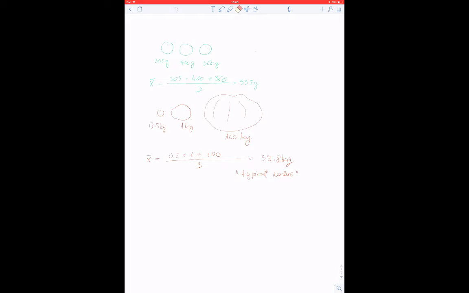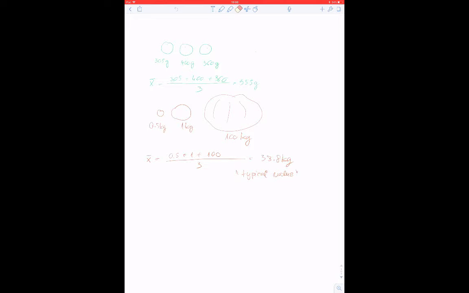Because of this, we will have to find some other solution to describe the dataset with fewer numbers. So let's add another number that will represent the deviation of particular values from this average value.